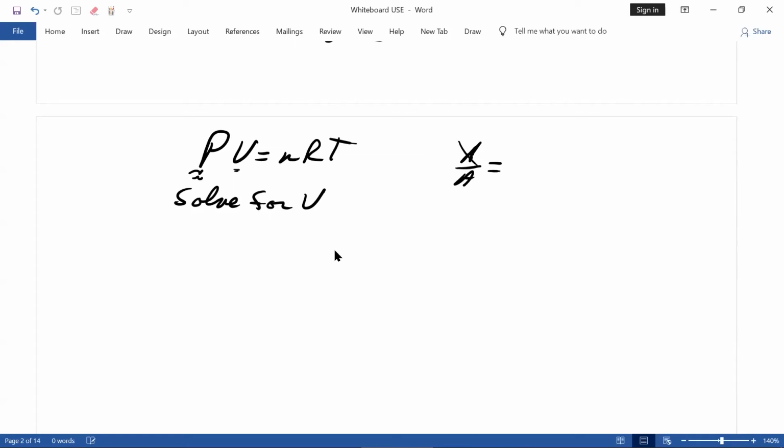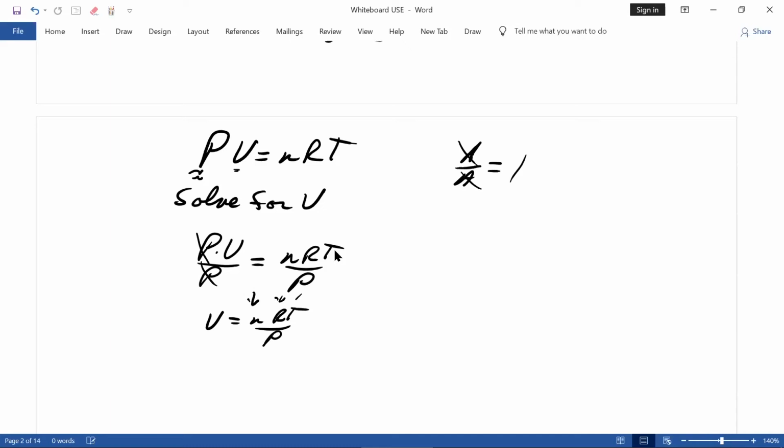Divide by that, because A divided by A equals 1. So divide this side by P, but whatever you do to one side, you have to do to the other. And P divided by P is the number 1. 1 times V is V. I have nRT divided by P. And now I just have to figure out what goes in N, R, T, and P.